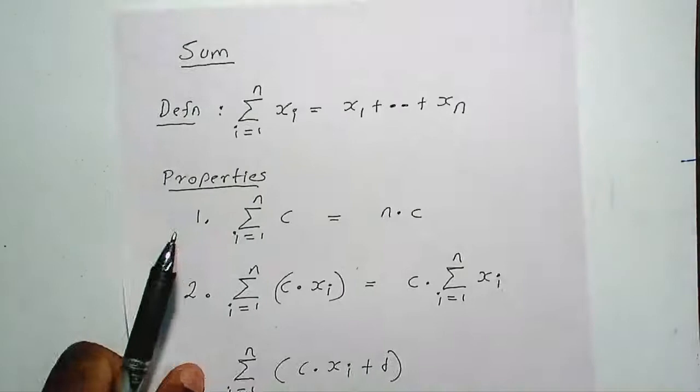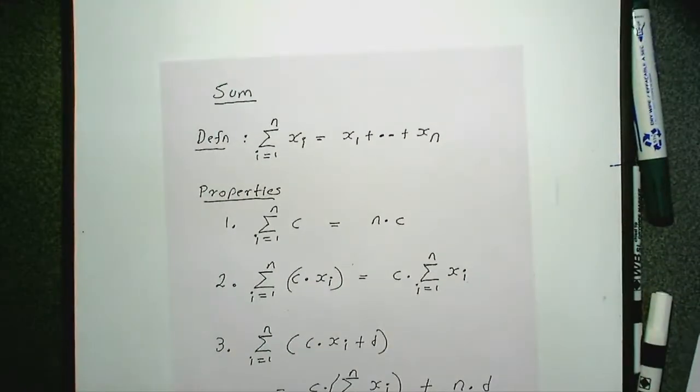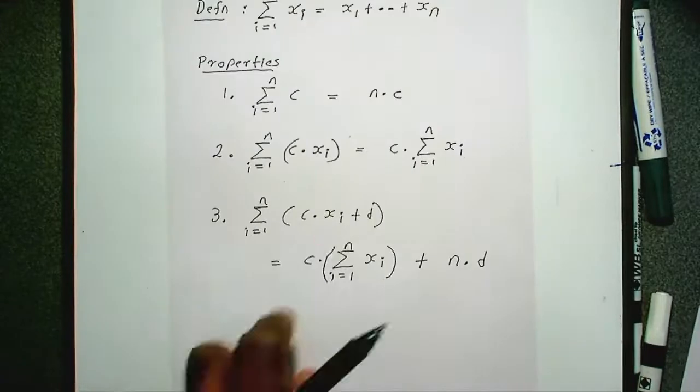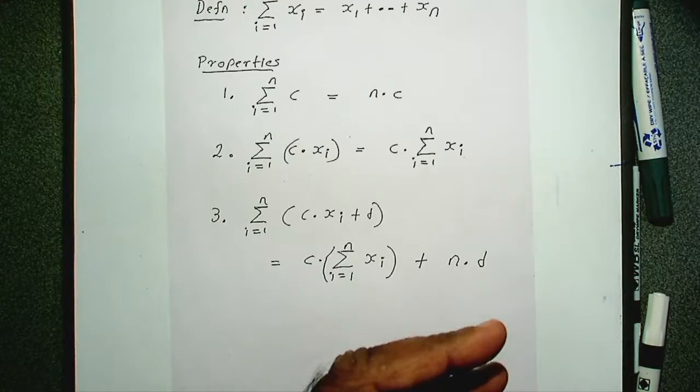Now the next thing I'm going to talk about is what I covered on Tuesday this week. I'm just going to review the stuff I did on Tuesday. On Tuesday this week, I talked about the properties of sum. Can you see this? These are some properties of sum, and you need to remember these properties, guys.